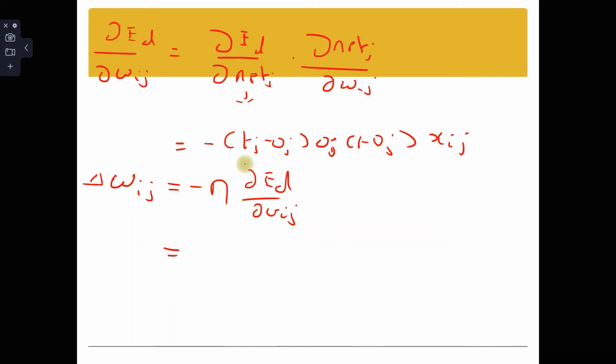So you have negative eta times this formula. Here we go. This is our formula. The negative disappears with that negative. The eta comes in this formula here, leaving you with that rule as you have seen.